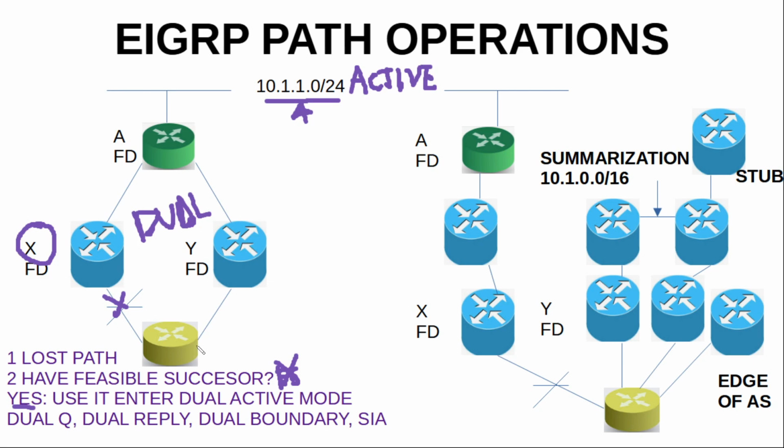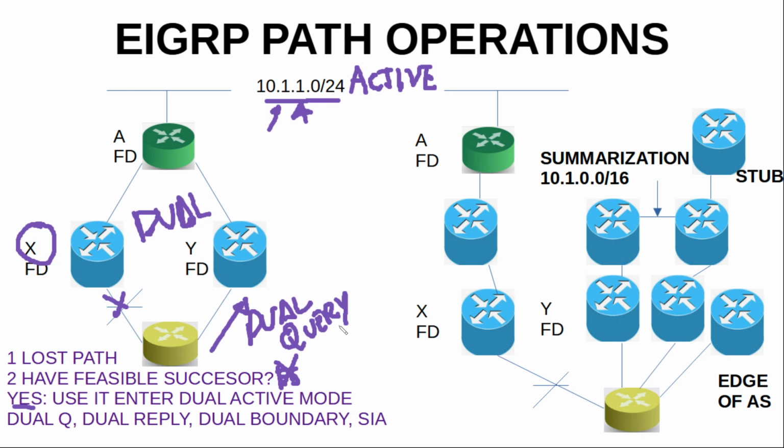This means that this router that has lost a successor for a certain prefix will start sending DUAL queries. It will send a DUAL query to every single neighbor that this device has.